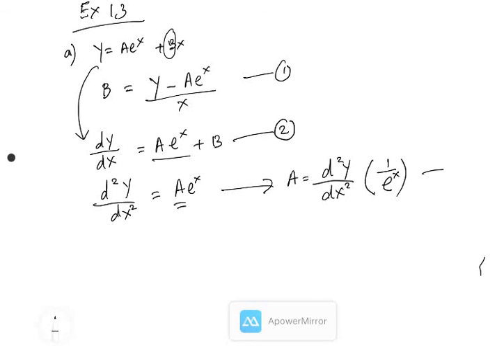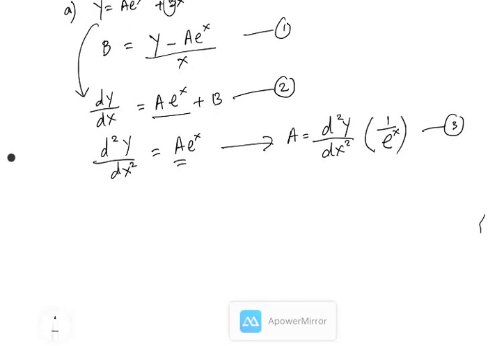Okay, and we name it as equation 3. So now I have equation 1, 2, 3. You have a and b. So now I want to insert equations 1 and 3, which means the a and b, into equation 2. Equation 2 is this one.